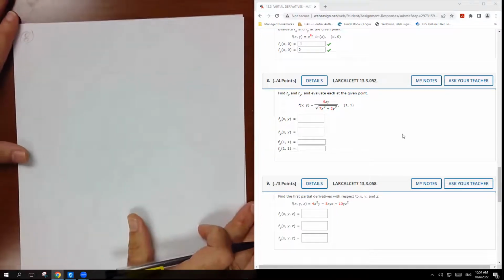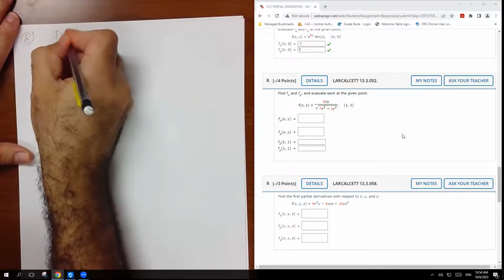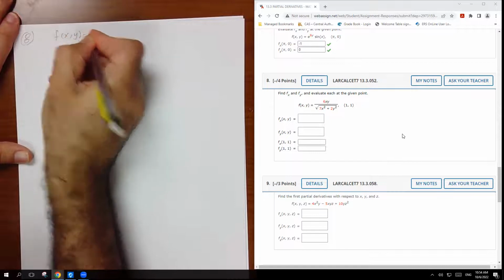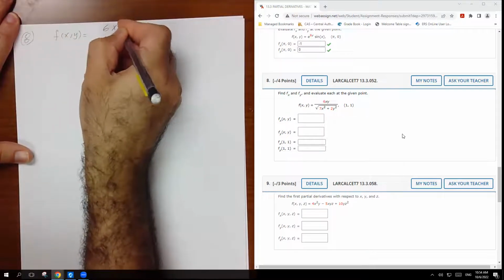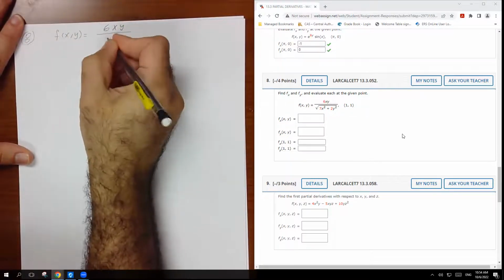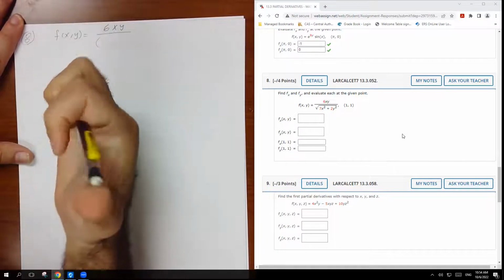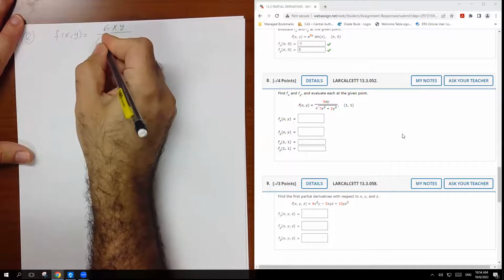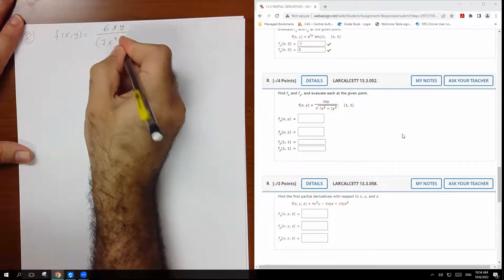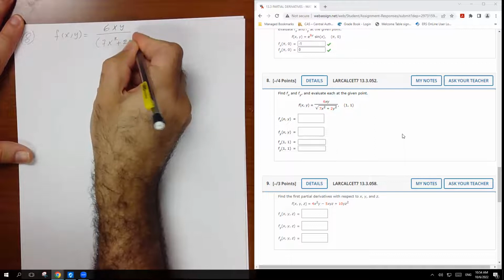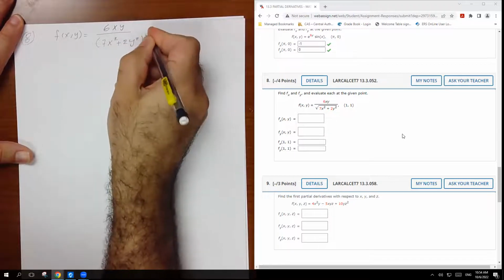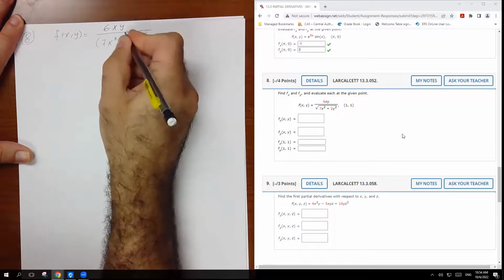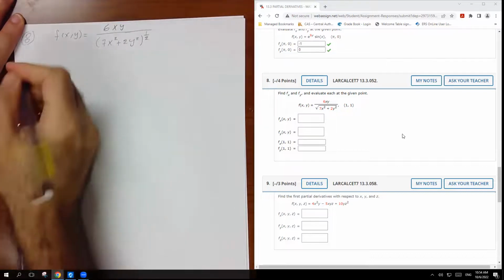So here's f of x, y equals 6xy over (7x squared plus 2y squared) to the half. I'm going to use the quotient rule for this one.